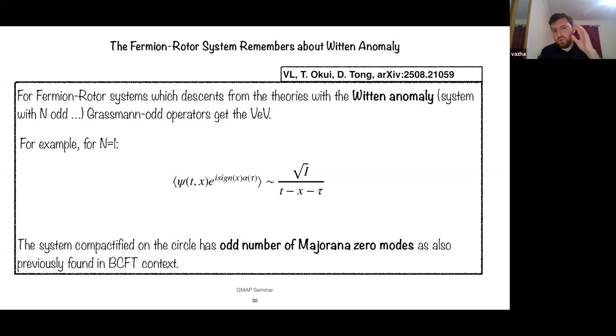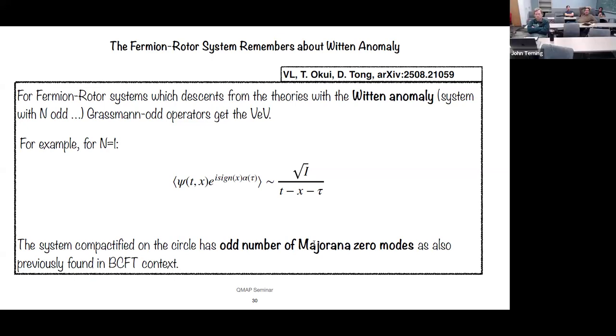You will always find that when one has an odd number of Majorana zero modes, the second has a VEV for Grassmann operators. By the way, this odd number of Majorana zero modes also happens for the Fermion-Rotor system on the circle. So that's the last argument I want to give you.